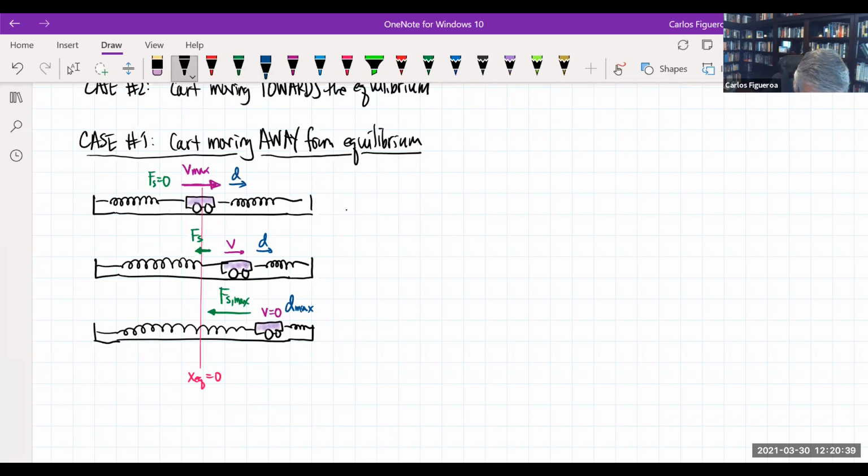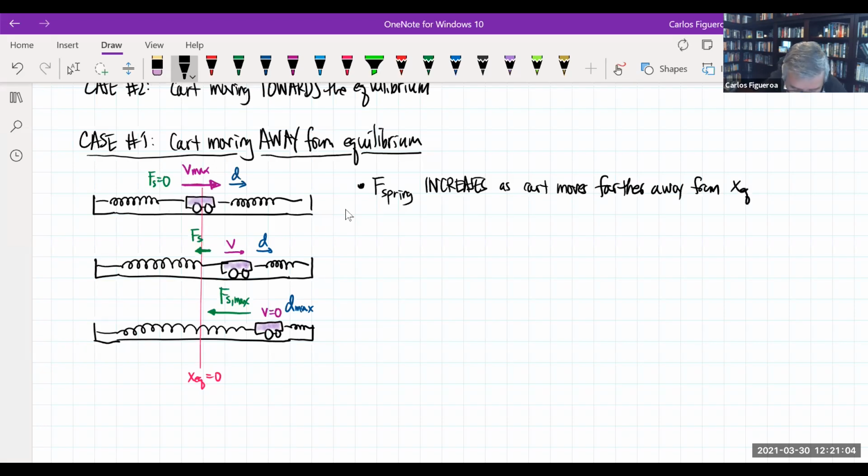What I said here is that the spring force increases as the cart moves farther away from x equilibrium, which we knew, but I'm trying to draw that explicitly here. And there's some language that we have to talk about.